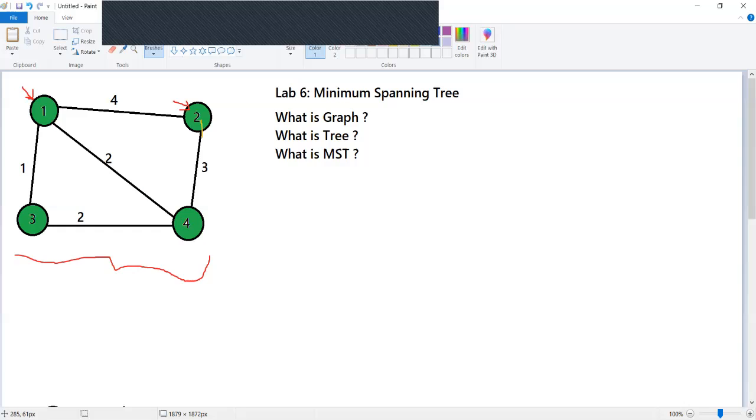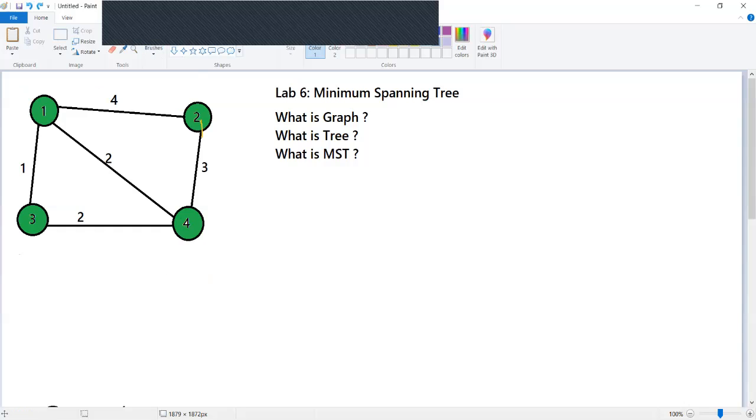So a graph is just a representation of the real map that we're using nowadays. Google Maps is actually using a graph, and they just put some image on top of the graph so it's user friendly. But underneath it, it's actually a graph that looks like this, in the sense of computer science.